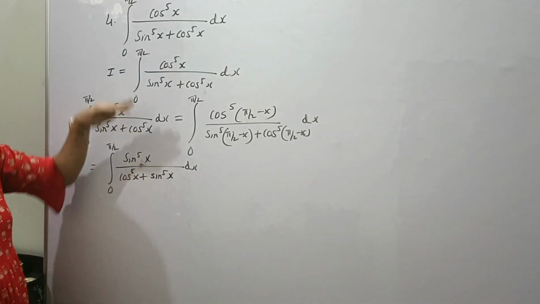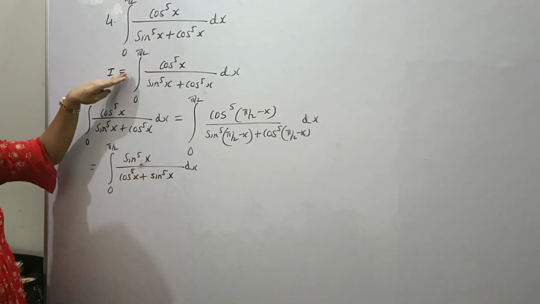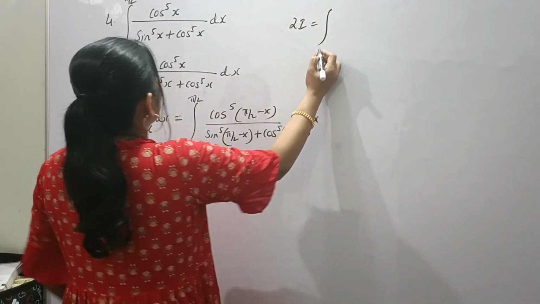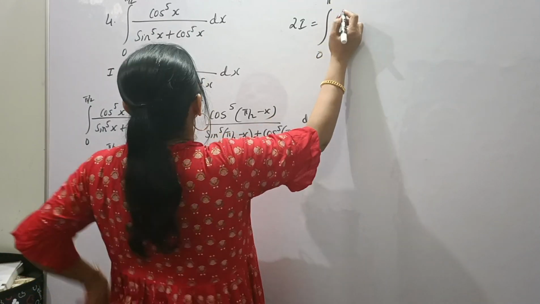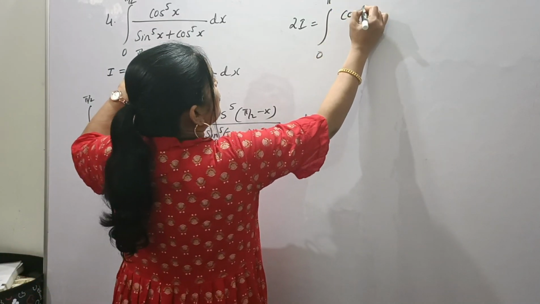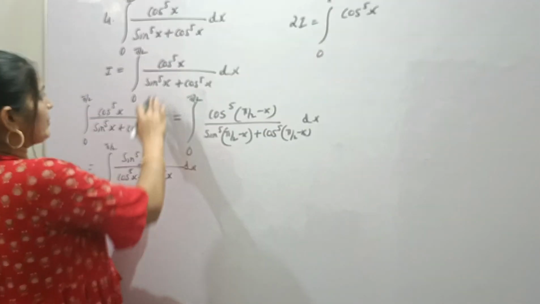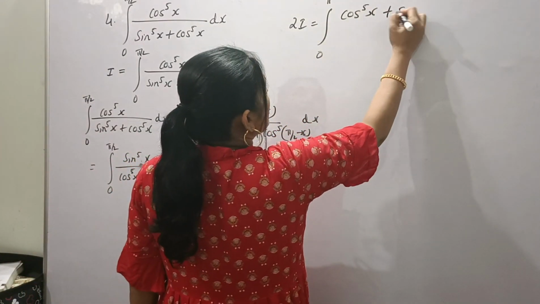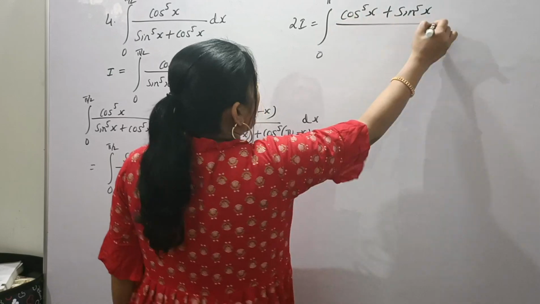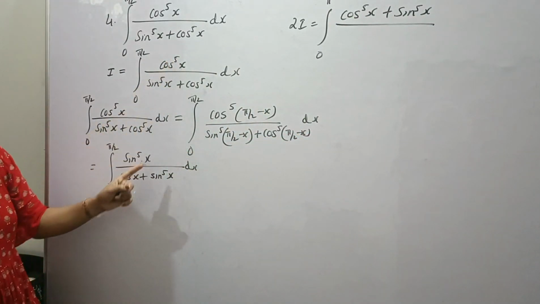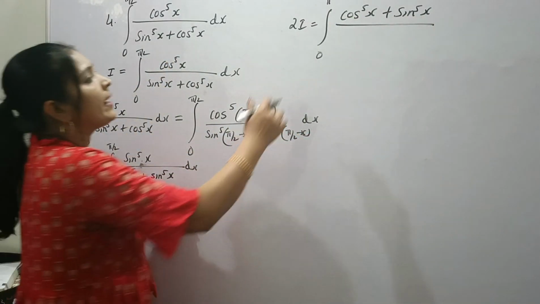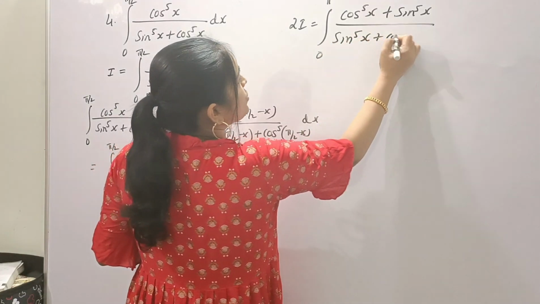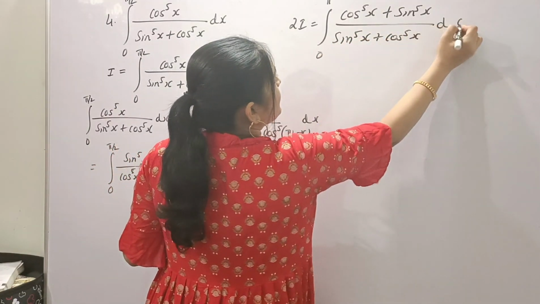So it's also I, we will add these two integrals, I plus I, 2I. 2I is equal to integral 0 to pi by 2 cos raised to 5x, denominators are same, right? So we will add numerators, cos raised to 5x plus sin raised to 5x divided by sin raised to 5x plus cos raised to 5x dx.